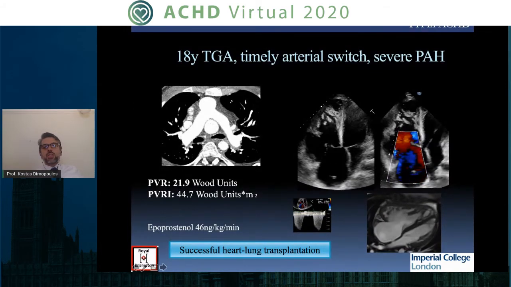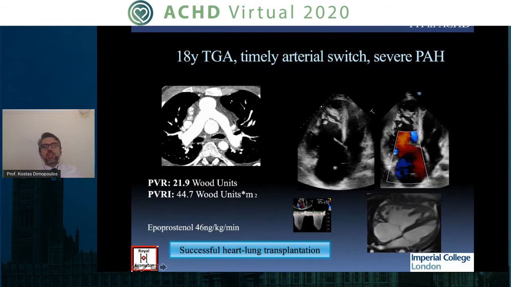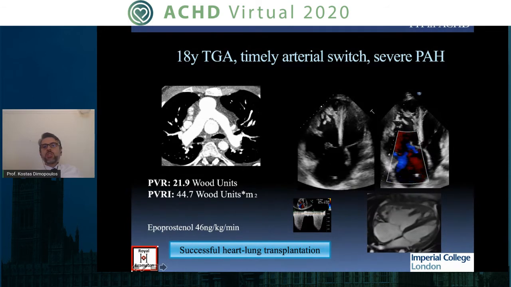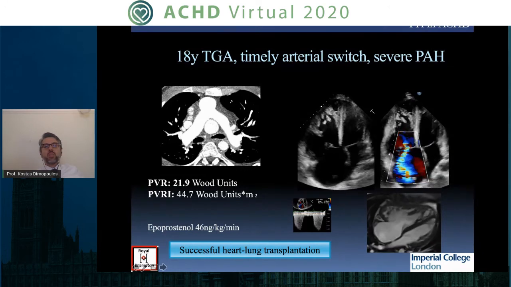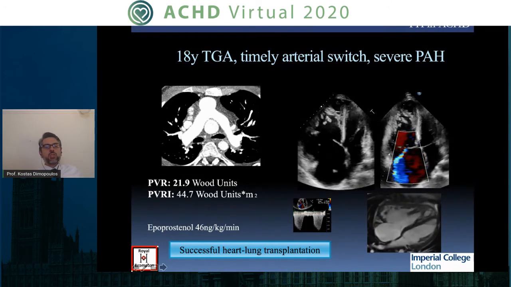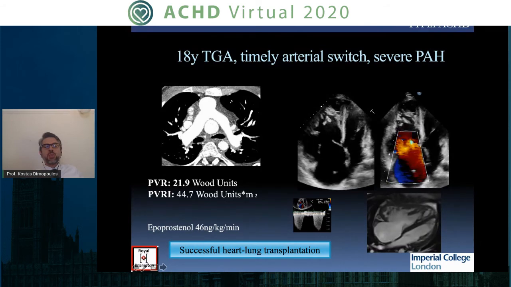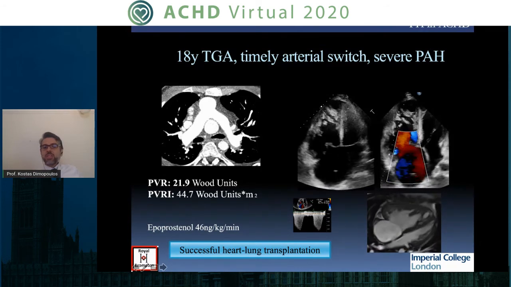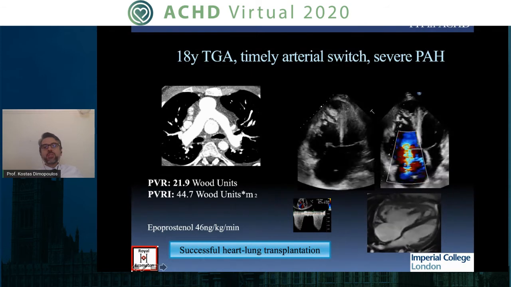And of course, it's difficult to understand why other patients, like this patient with timely arterial switch repair of transposition of the great arteries, present a few years later with very severe pulmonary hypertension requiring triple combination therapy, with a very high PVR, who at the end had a successful heart-lung transplantation.